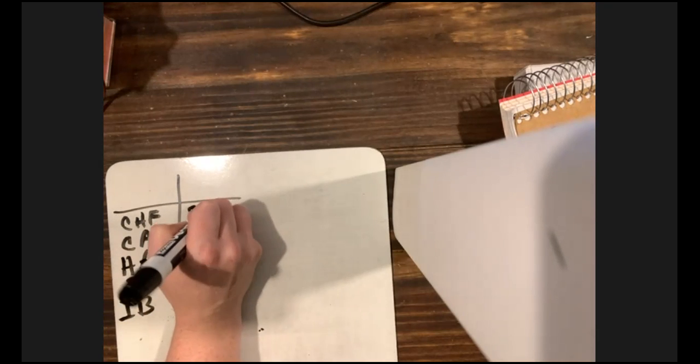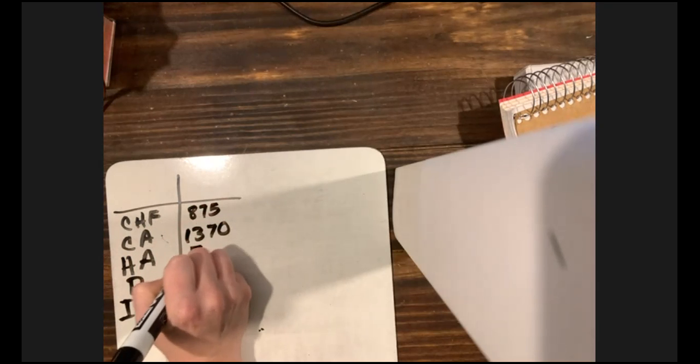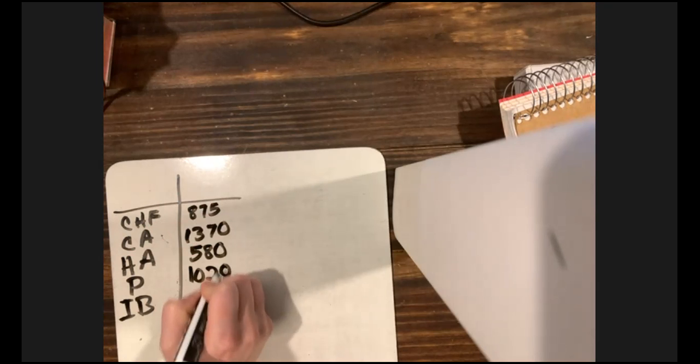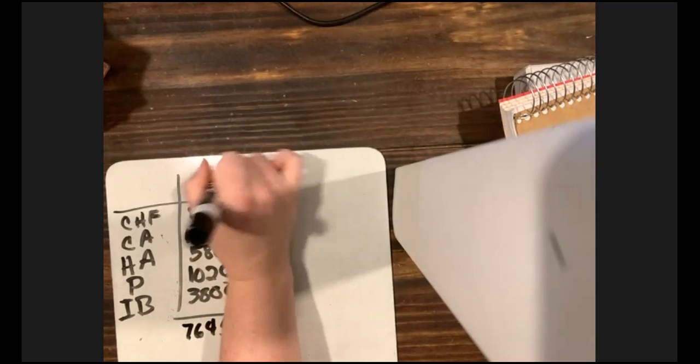And so we have 875, 1370, 580, 1020, 3800. We're going to first need to create a big total for this set. So we're going to add all those up. And we get 7645. So that was our frequency.